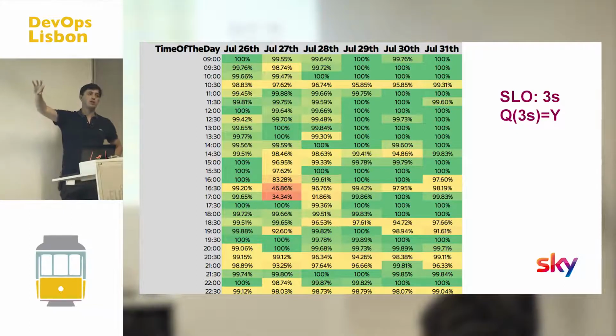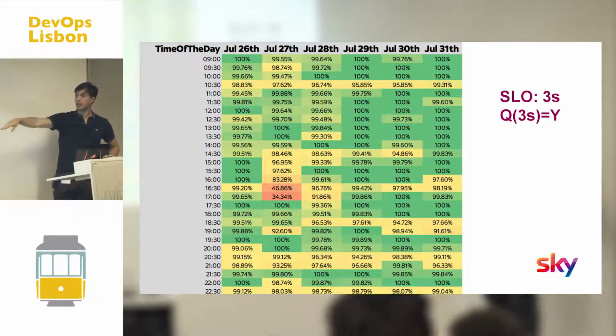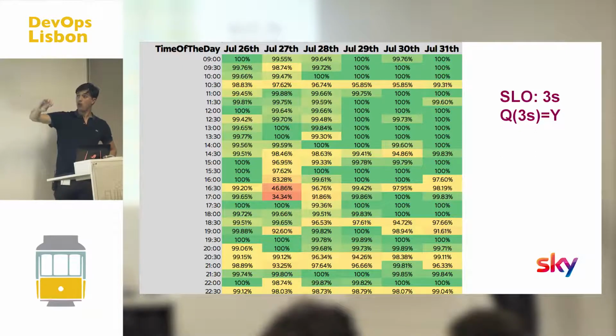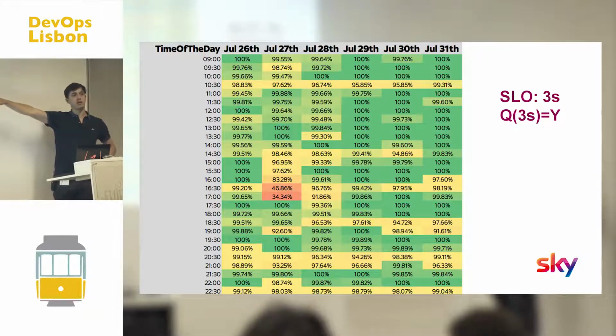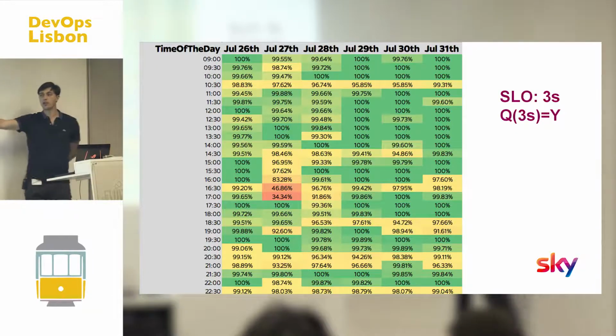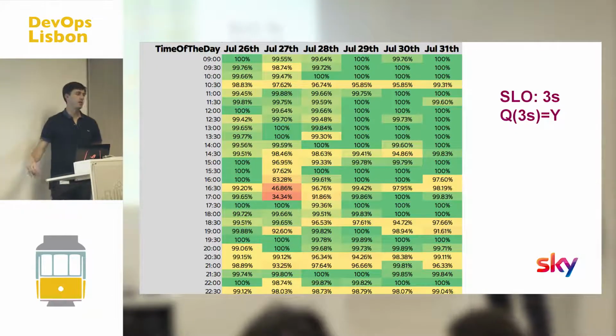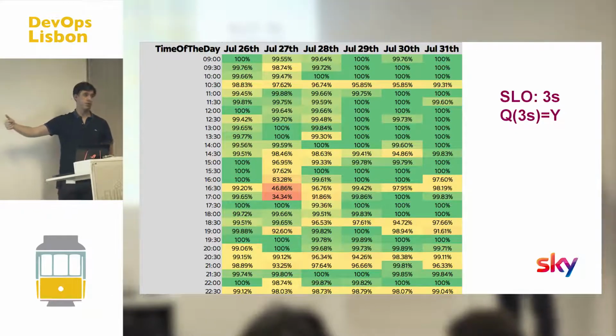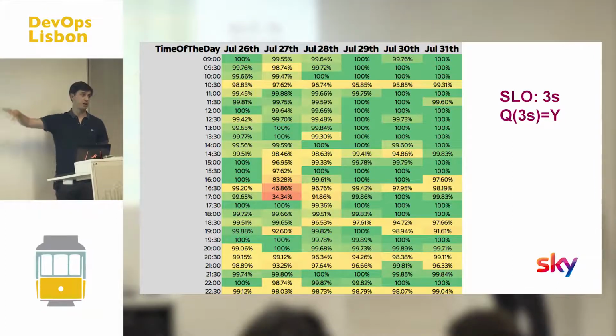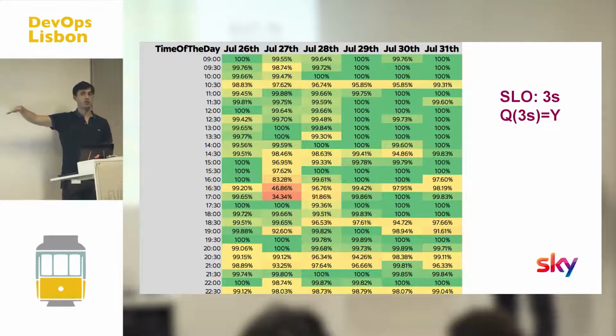The response performance is split into periods of 30 minutes, and then we try to compare. On each value, we have the quantile of 3 seconds. This is how many of the responses were served under 3 seconds. A higher value is good, a lower value is very bad because 3 seconds is a lot. Actually, the box just gives up on doing this.